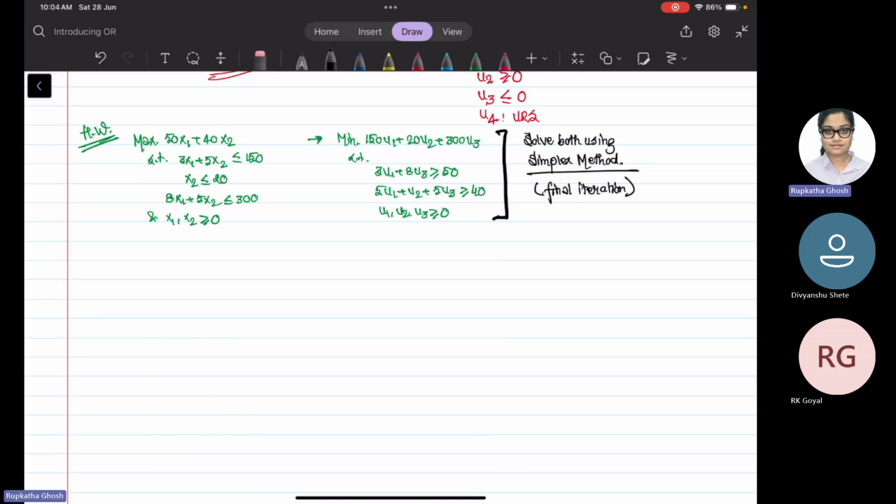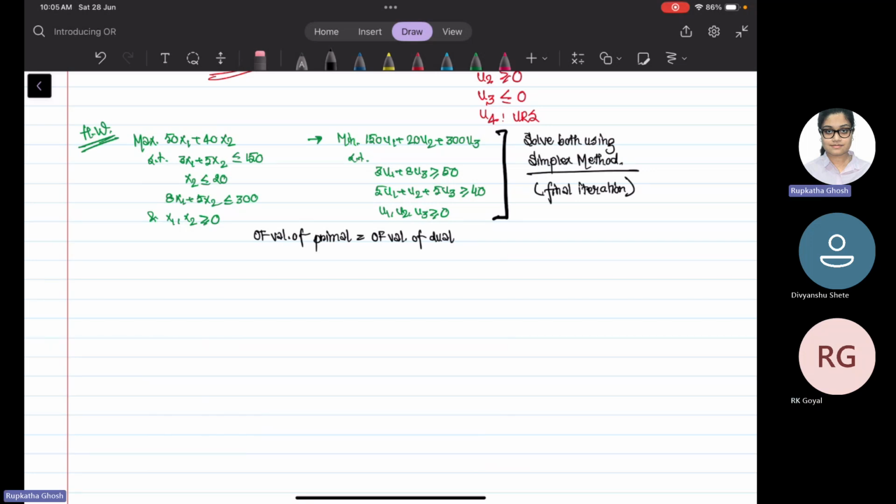And I want you to verify that, and I also want you to verify how much is the objective function value that you are getting. So you will see that the objective function value of primal is always equal to the objective function value of dual at the final iteration, if you have a feasible and optimal solution. In case you don't have, you won't get an optimal solution, but usually it is the case. So I want you to go back and verify that. Is that okay?